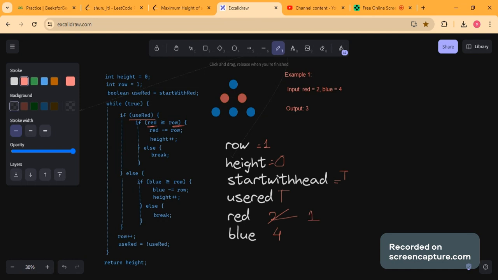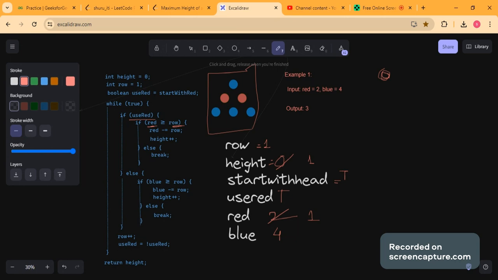And now I would increase the height by 1 because I have placed a red ball here. Don't look at this graph, because it is the correct one, but now we are checking the other conditions. So we have figured out that the first ball in the first row is red.